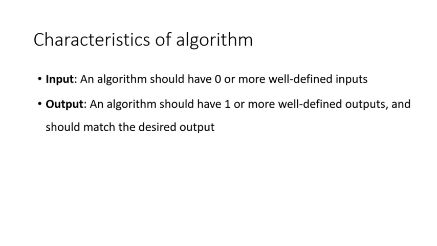An algorithm should have one or more well-defined outputs and should match the desired output. As we see, input is 0 or more, but output is at least one; a minimum of one output is needed.